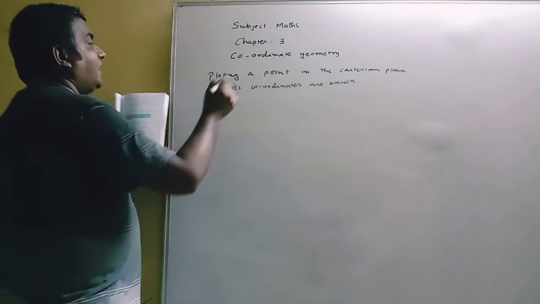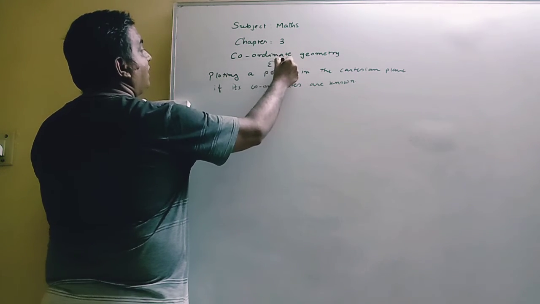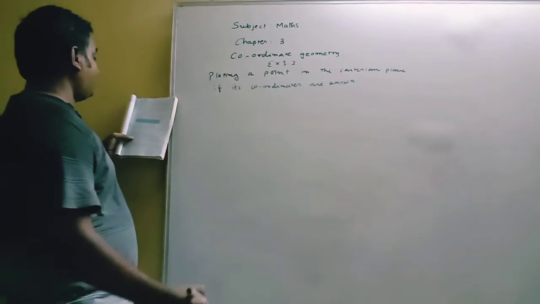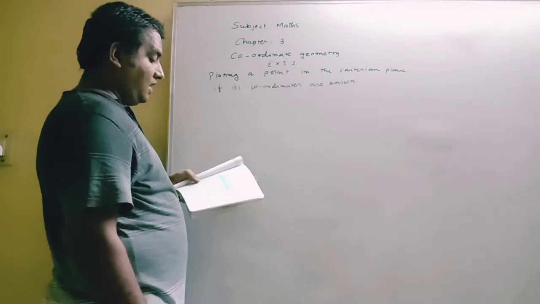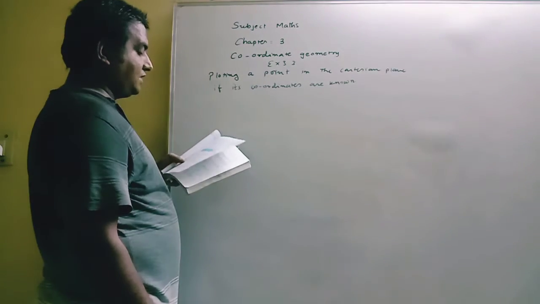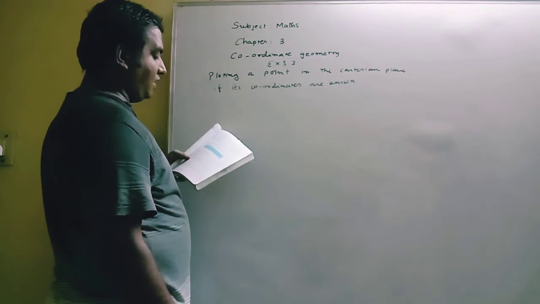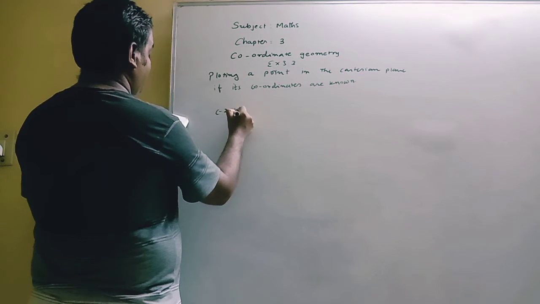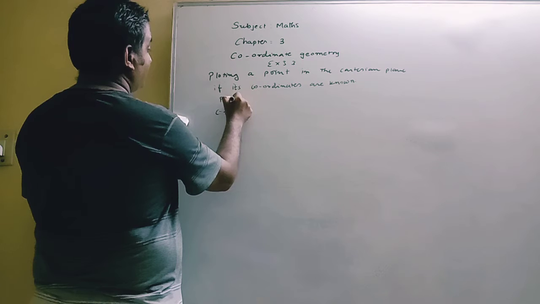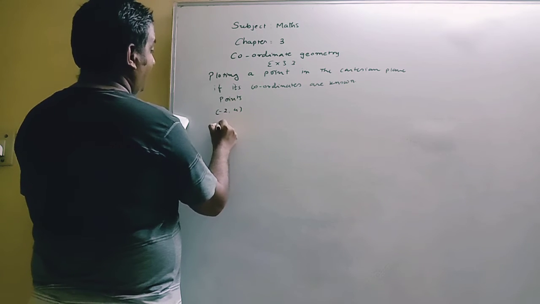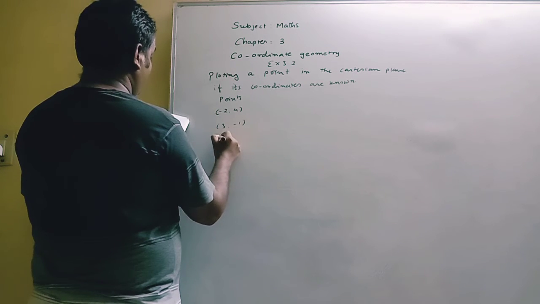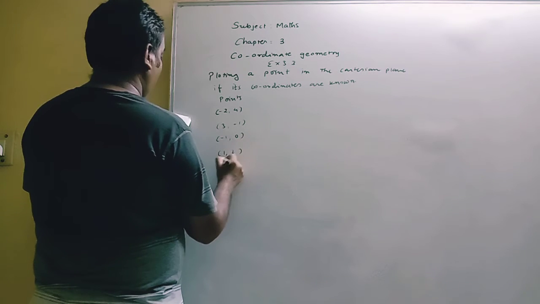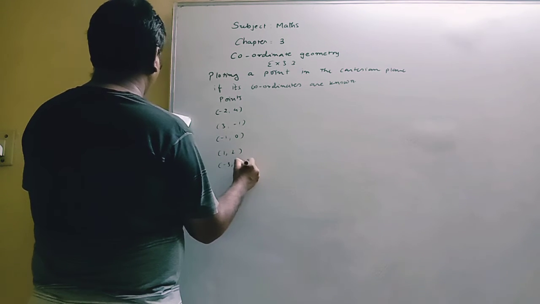Now let's see Exercise 3.3. In 3.3, question 1 is there. In which quadrant or on which axis does each of the points lie? The points given are (-2, 4), (3, -1), (-1, 0), (1, 2) and (-3, -5).